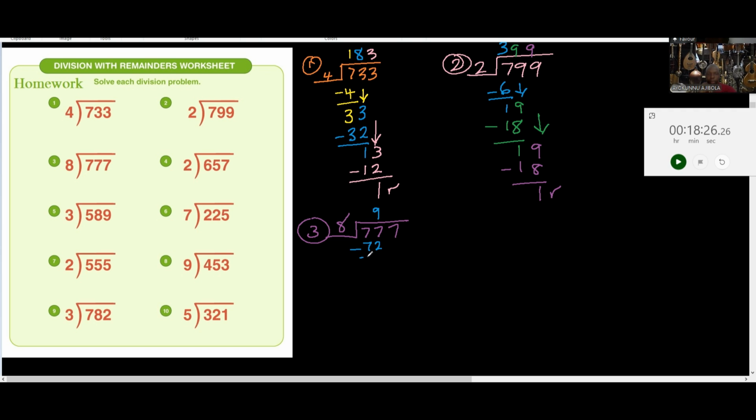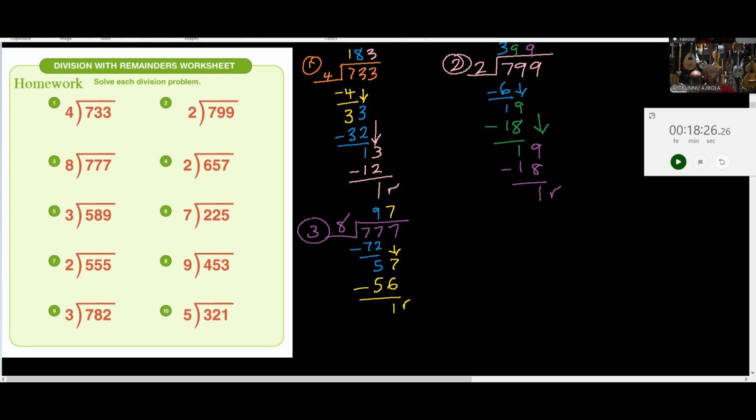So when you subtract, what do you have? 5. Then you bring down the last digit, which is 7. So how many 8 in 57? That's 7. 7 times 8 is 56. So you subtract 56. Then you have 1 as your remainder.